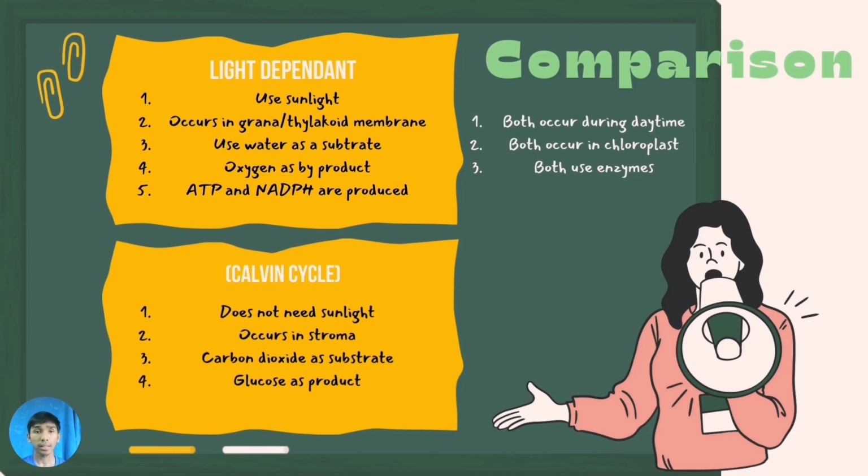The Kelvin cycle does not need sunlight, although it happens during daytime. It occurs in stroma, with carbon dioxide as a substrate. That means the light dependent uses water while the Kelvin cycle uses carbon dioxide. And the Kelvin cycle will produce glucose. So that's the comparison between light dependent and light independent.